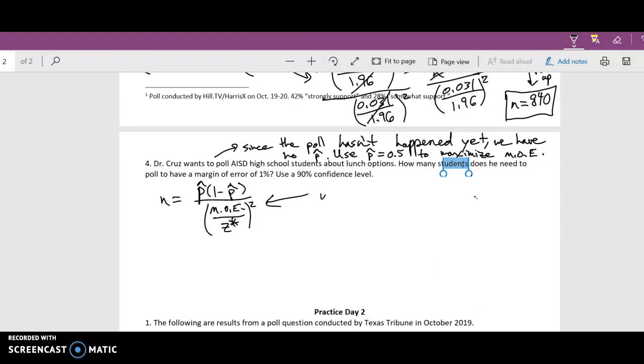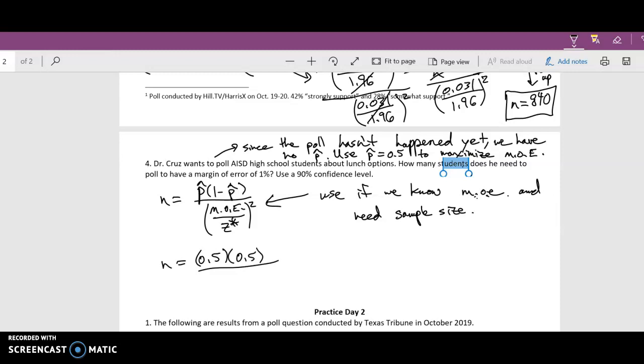Most of the time we'll use this if we know the margin of error and need sample size. Just a little bit easier to substitute these in and simplify than it is to rearrange like we did in the last one.